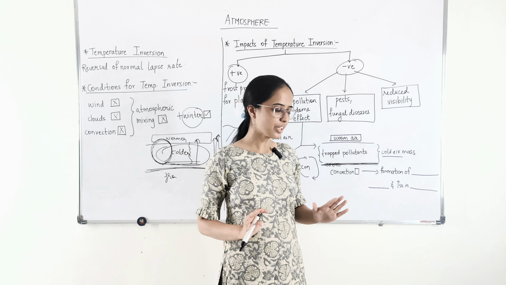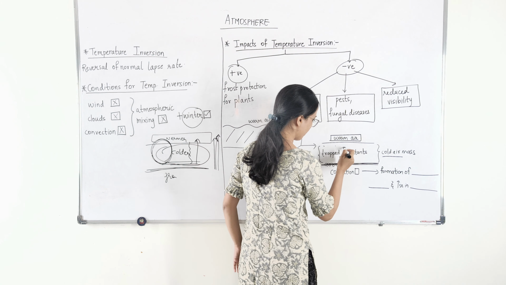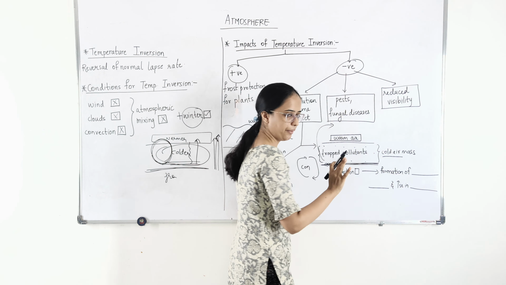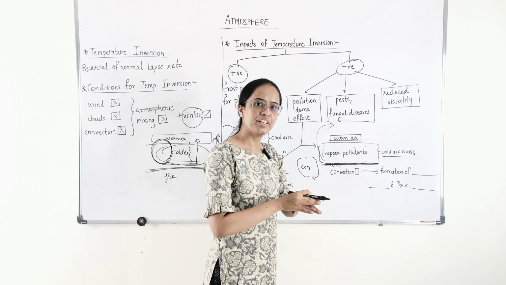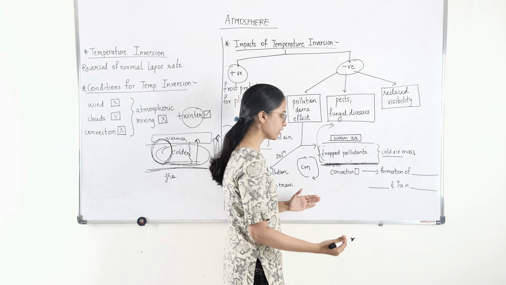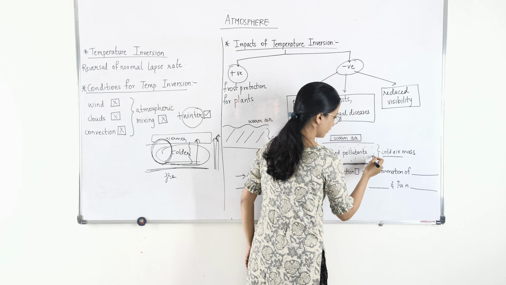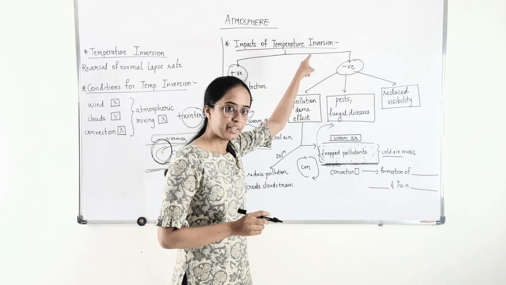लेकिन अगर atmospheric mixing यहाँ पे होता तो ये जो यहाँ पे trapped pollutants हैं वो ऊपर भी जाते and they could get scattered. But right now atmospheric mixing हो ही नहीं रहा है, जिसकी वजह से सारे के सारे pollutants they are trapped over here because of temperature inversion.